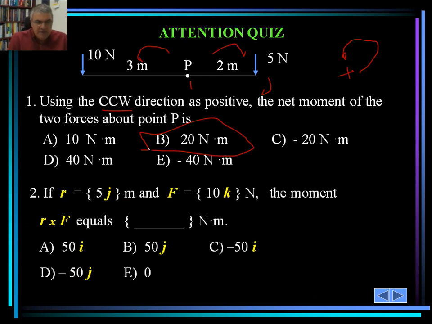Next, if R is 5j meter and F is 10k Newton, the moment of R cross F, what should that be? Remember, in the matrix, IJK component, we're going to cross the I out in this case, and as you can see, we have a J component and a K component.